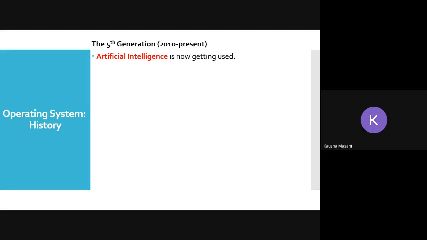Anyone heard about holograms? AI assistants? Yes. Holograms, anyone? Where is it used? Can anyone give me one example where holograms are used?